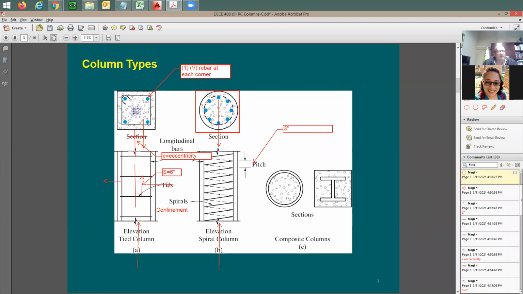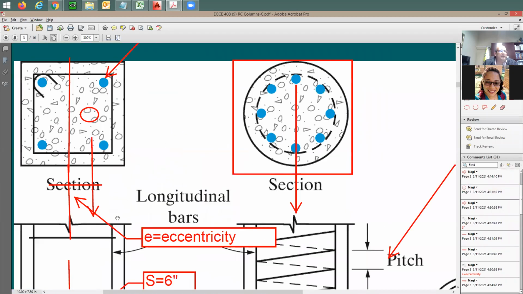So in plan, this is going to be right here, the center of the column, if you'd like to draw it as a vertical line here. Again, this is going to be E, and this is going to be the same as this E, eccentricity here and there. Now, the moment applied on the column is going to be equal to P, the axial load, and because it's ultimate, it's going to be Pu.